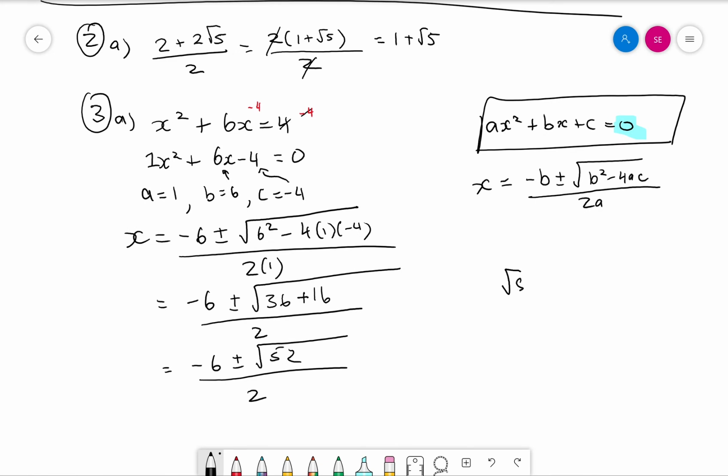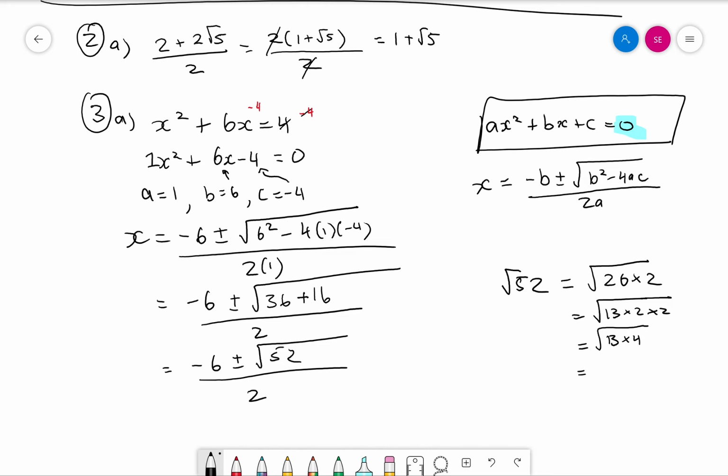Now the square root of 52, well, that's equal to the square root of 26 times 2, which is equal to the square root of 13 times 2 times 2, which is equal to the square root of 13 times 4.